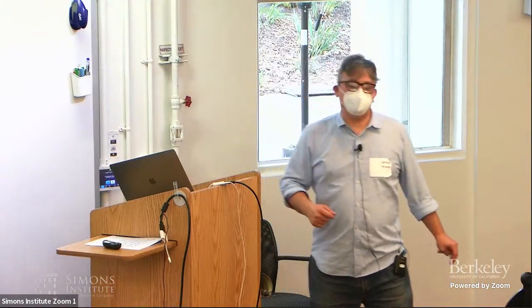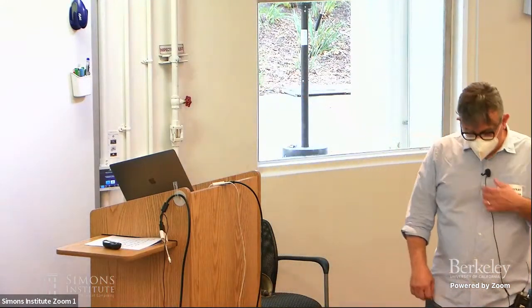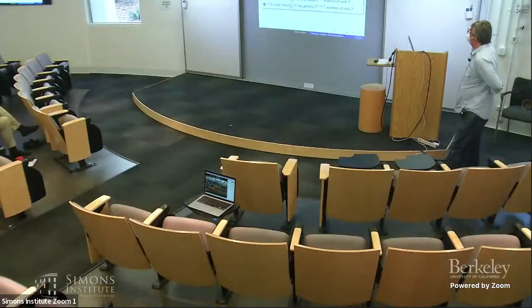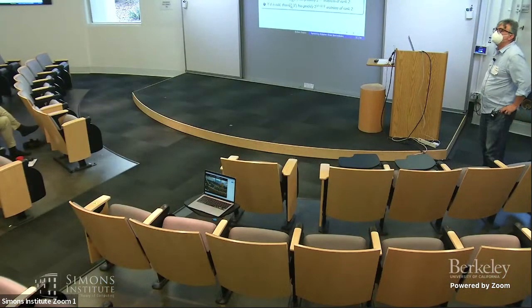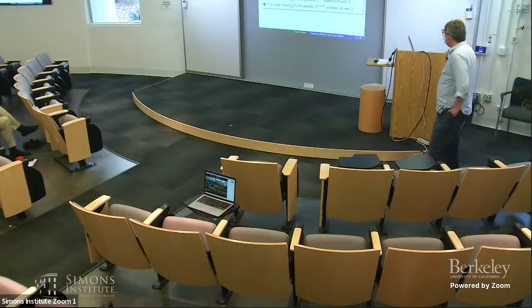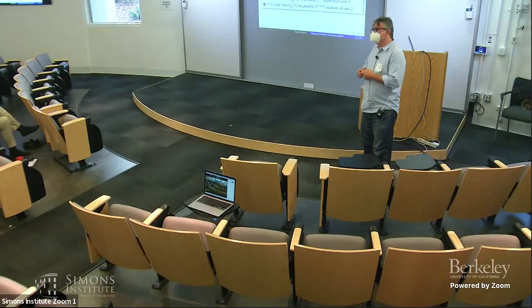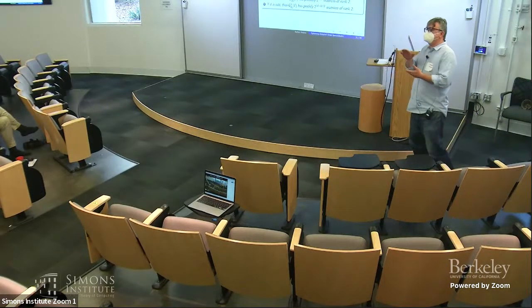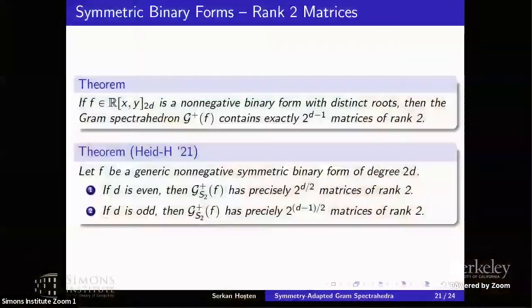Hi. In all your theorems, you require your binary form to have distinct roots? Yes. Can you tell a little bit what happens when the roots are the same? What happens to the spectrahedra? Then the spectrahedron basically degenerates to a spectrahedron of a lower degree binary form.